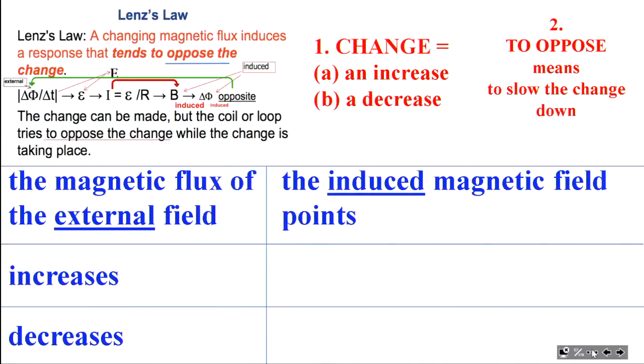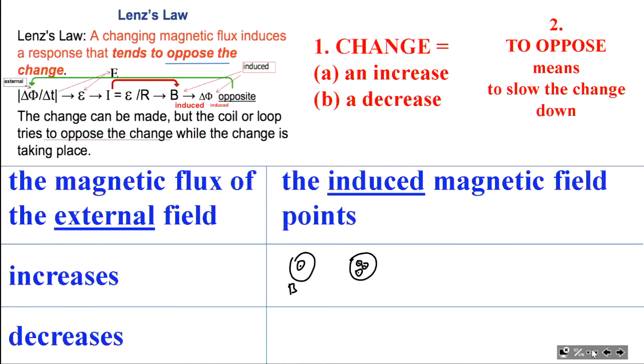So, just an example. Magnetic flux increases. Again, we can choose our point of view straight down, and just for the sake of the change, we point the external magnetic field out of the page. Increase means that over a certain time interval, we have more magnetic field lines enclosed in the loop.